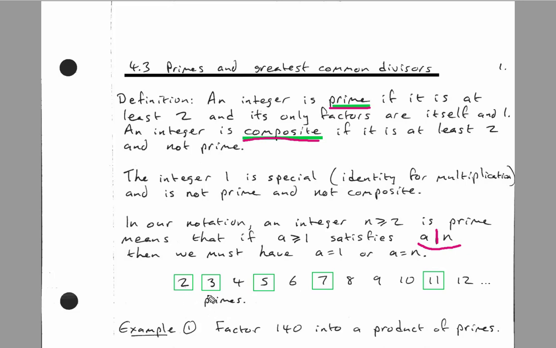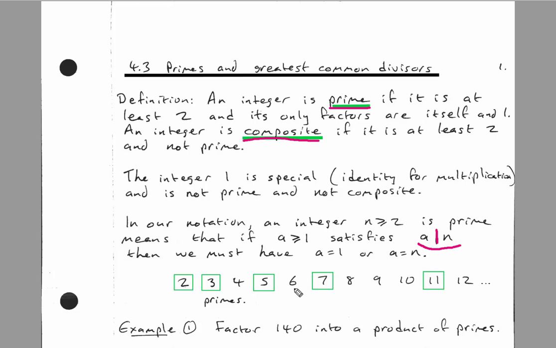And so listing all the integers from 2 as far as 12, we can see the primes, highlighted here. So yes, 2 and 3 are prime. 4 is not prime, it has a smaller factor 2. 5 is prime, 6 is not prime, so 6 is composite.